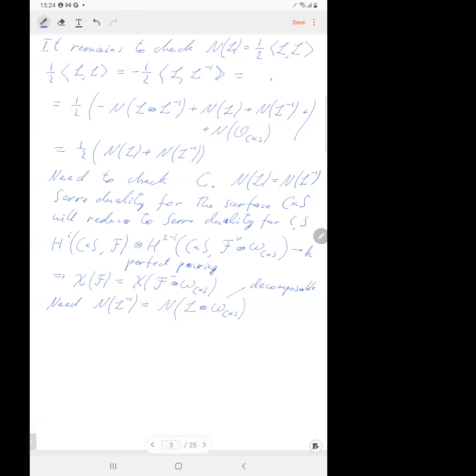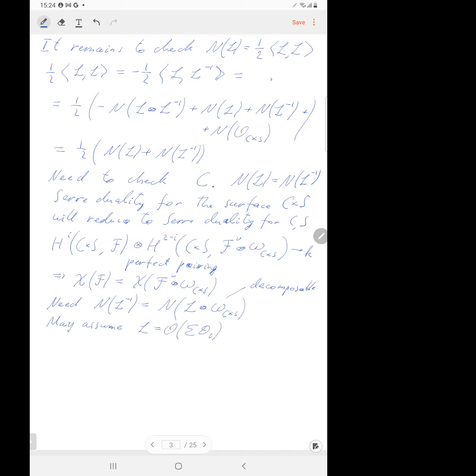So let's do this in a pedestrian way. We may use what we proved in the very beginning, namely that our line bundle L is O of some sum of divisors D_i.